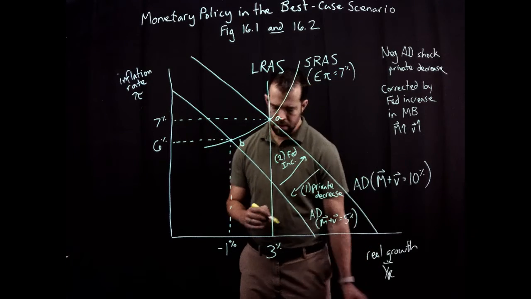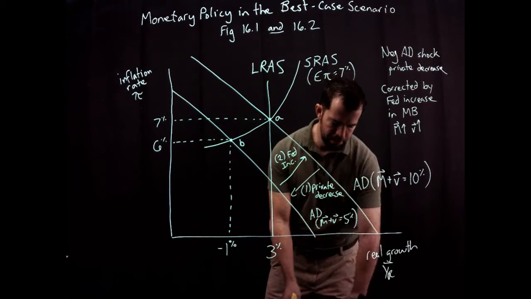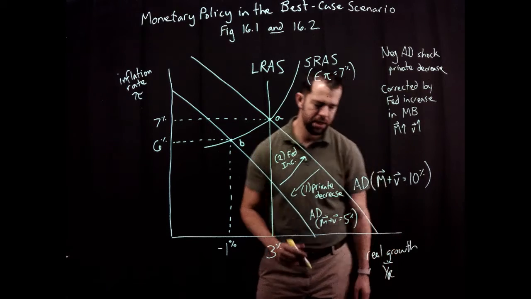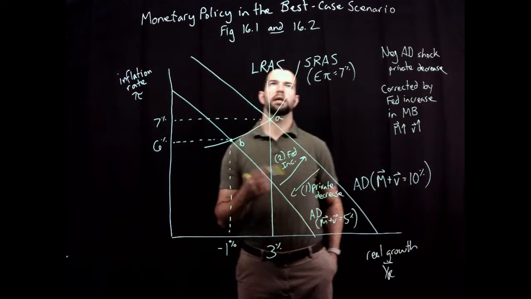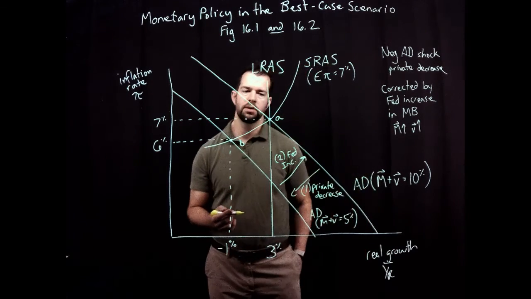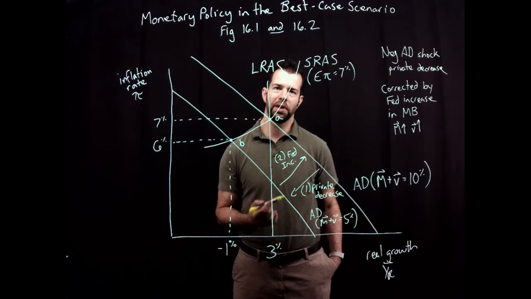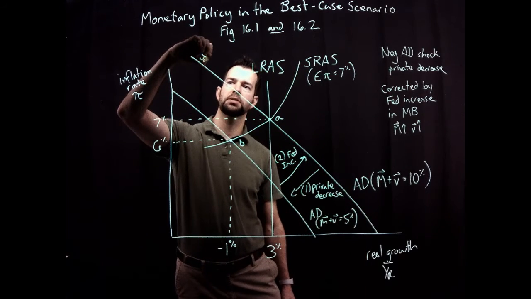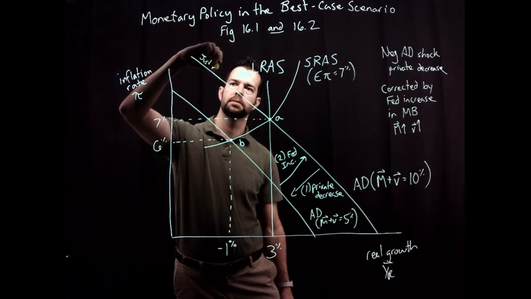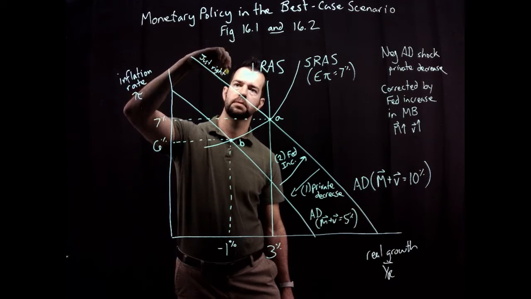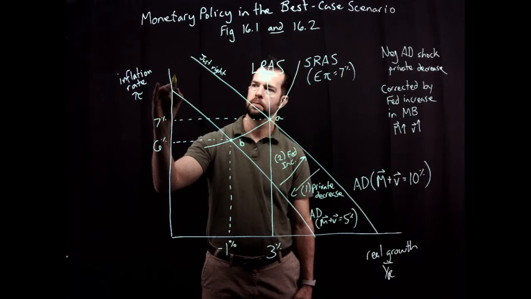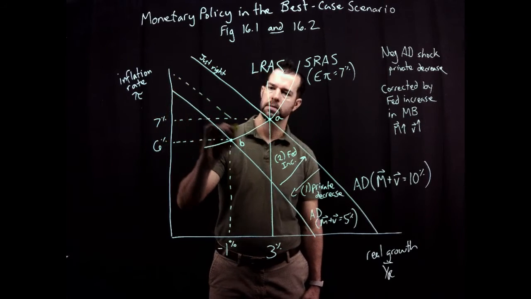And so what I'm saying here is that when we go over to figure 16.2, I'm going to draw in dashed lines what happens when, even in the best case scenario, we don't get what we call the Goldilocks scenario. So this scenario right here is just right. Now, if we undershoot, we're going to get something like this.